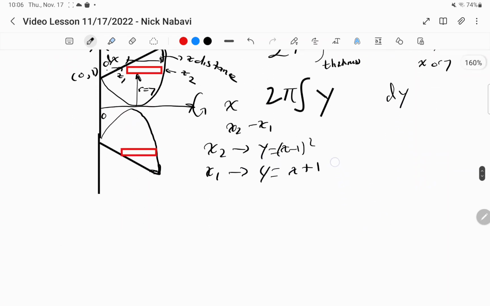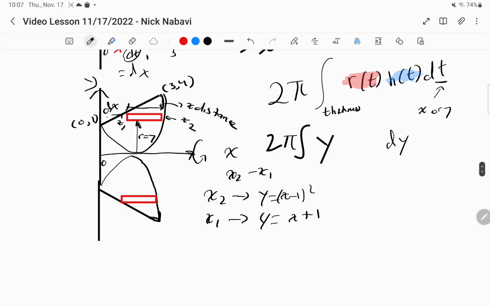Because we're integrating over y, we need to have the x value of these curves in terms of the y value, okay? Basically, in order to do that, we just take the inverse and switch the variables.